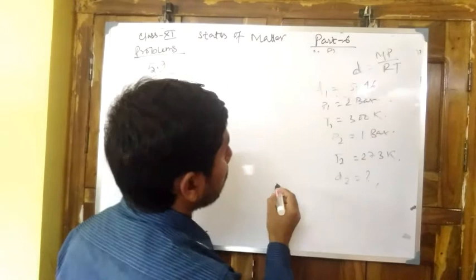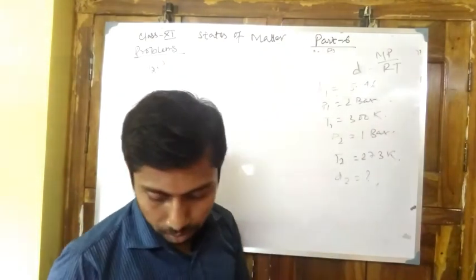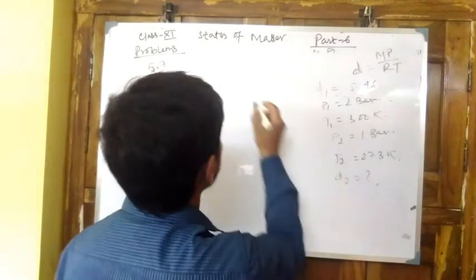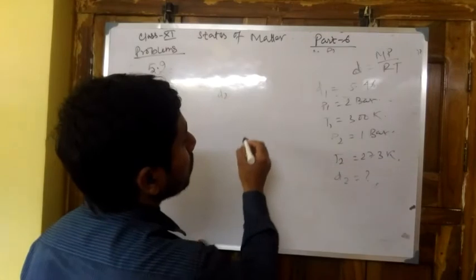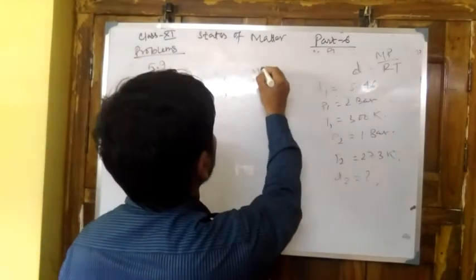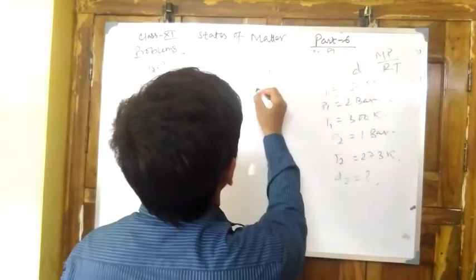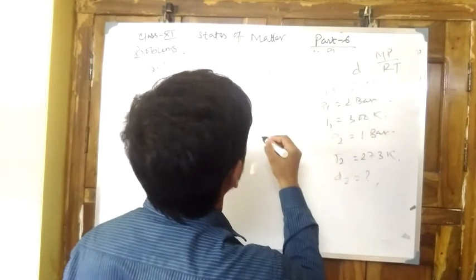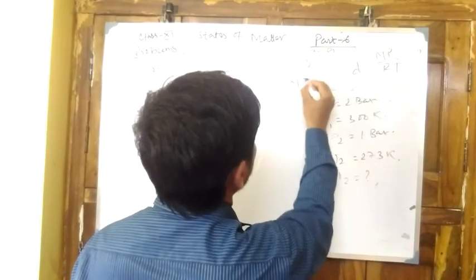Now just make a fraction D1 by D2, that is D1 by D2 is equal to M P1 by RT1 into RT2 by M P2.